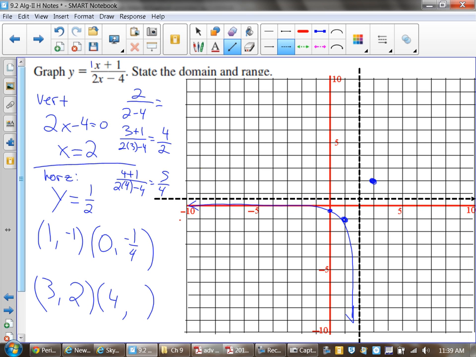Would that be symmetrical? Yes, they're diagonally symmetrical. They're symmetrical about a line that goes through here that you don't know exists yet. It's called a slant asymptote.